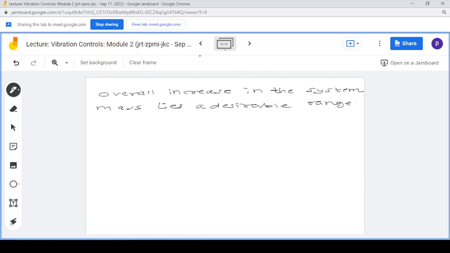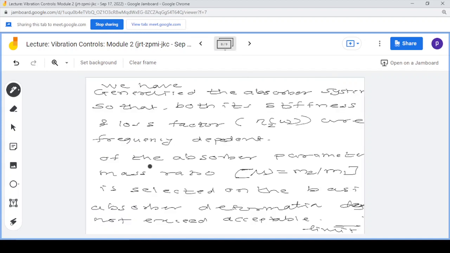Okay, so what we are doing, of the absorber parameters, right? We are selecting the mass ratio on the basis of the absorber deformation that does not exceed the acceptable limits.